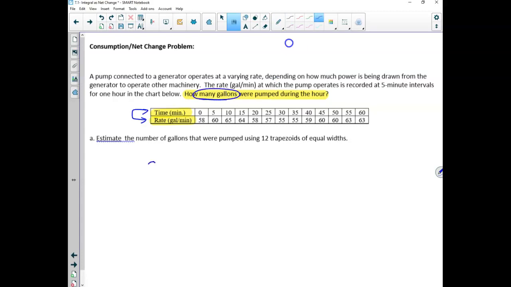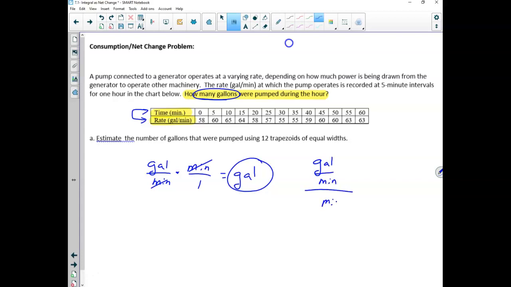Do I multiply my units or divide my units? Well, if I took the rate of gallons per minute times minutes, that's going to give me gallons, and that's really what I want. And if I took gallons per minute and divided by minutes, that's going to give me gallons per minute squared, which looks like an acceleration.